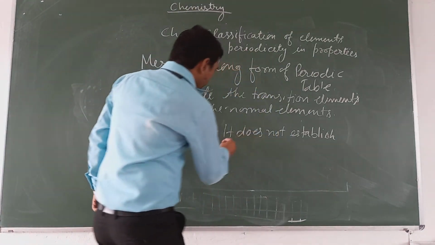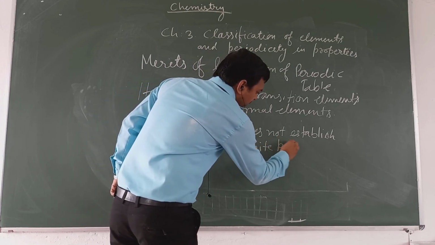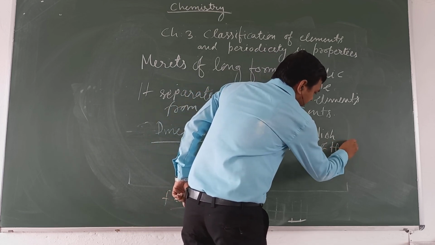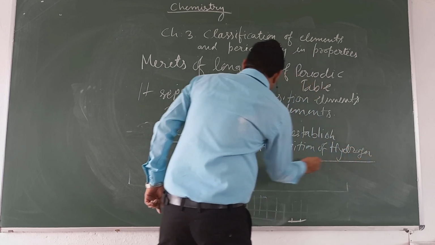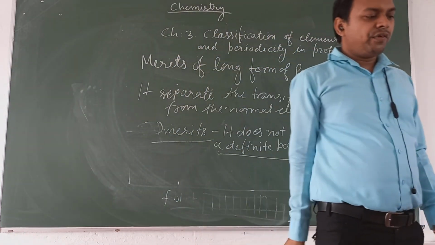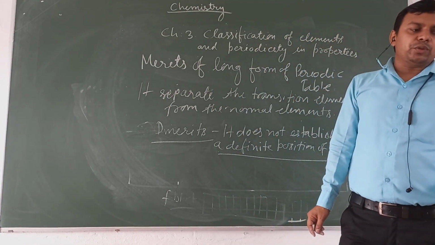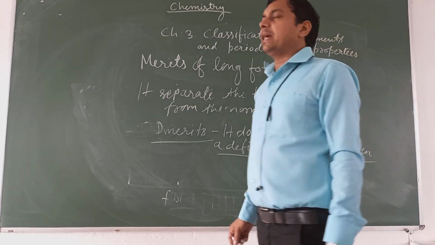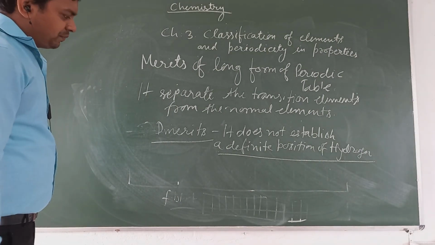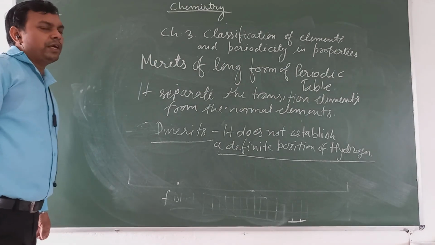And it is unable to include the lanthanides and actinides in the main body of the periodic table. These are the demerits of the long form of the periodic table.